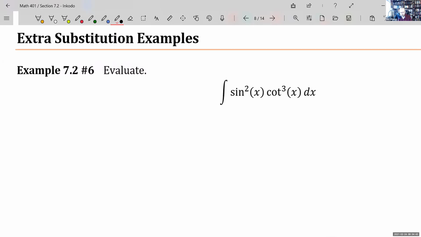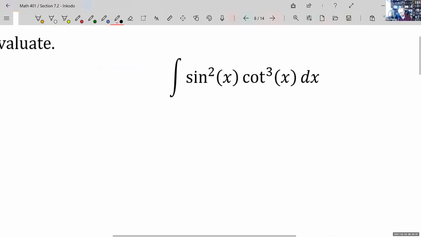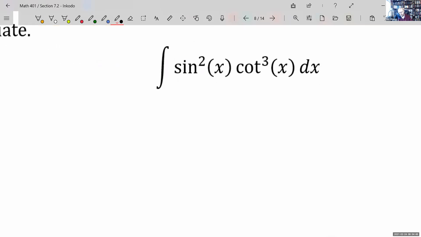Now, I call these extra substitution examples because all you're doing here is extra substitutions. I'm not going to do the full ones. I'm just going to showcase the idea here. Notice it's a mixture of sines to powers and cotangents to powers. Sines play well with cosines, but they don't play well with cotangents. Cosecants they do, but cotangent really is the one that doesn't play well.